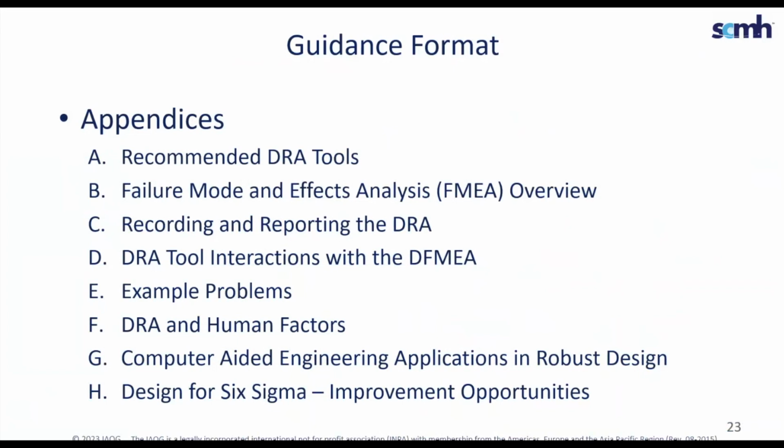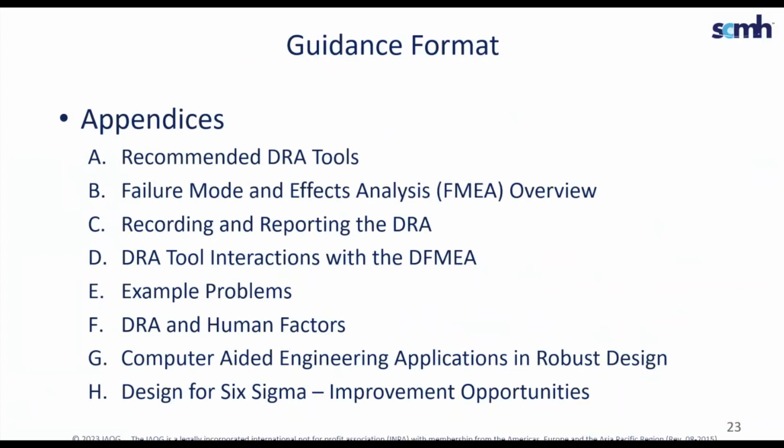This is an expansion of the previous SCMH section 7.2.18, which was the DFMIA, PFMIA, FMICA comparison guidance document. Now, since that document has been incorporated into the guidance for design risk analysis, it now is superseded by the design risk analysis guidance in section 7.2.18.